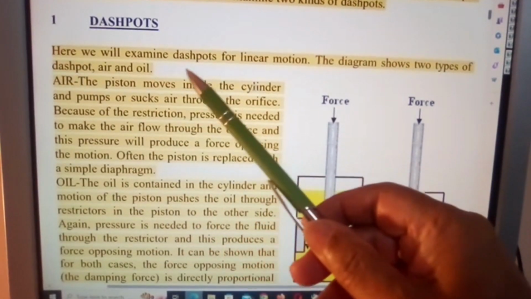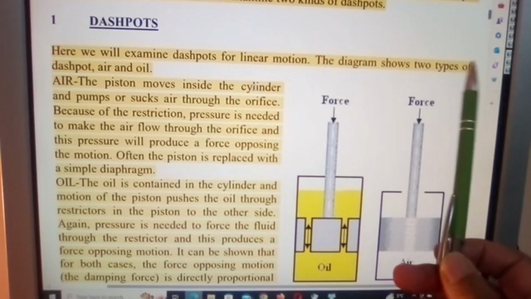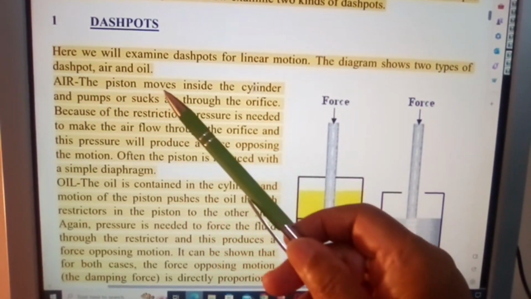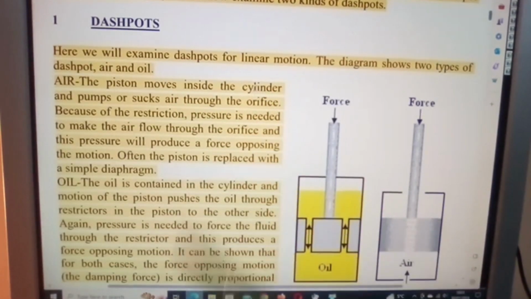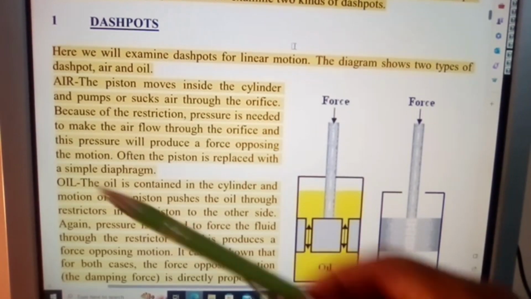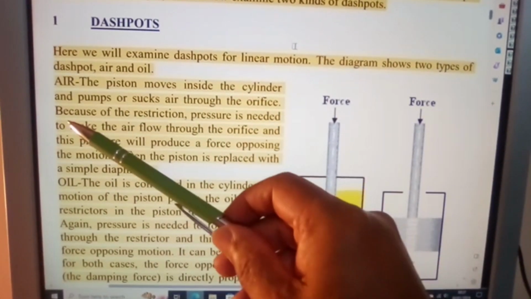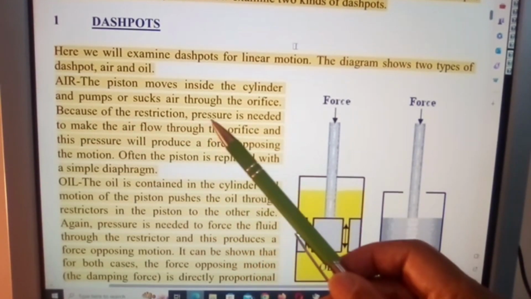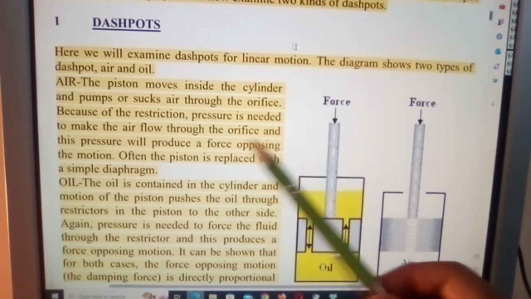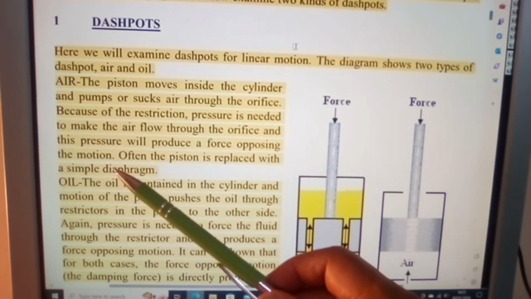Here we will examine dashpots for linear motion. The diagram shows two types of dashpots, air and oil. Air. The piston moves inside the cylinder and pumps or sucks air through the orifice. Because of the restriction, pressure is needed to make the air flow through the orifice, and this pressure will produce a force opposing the motion.